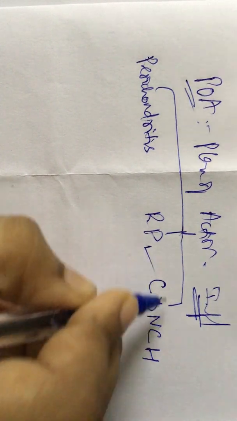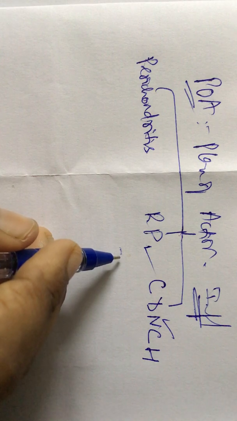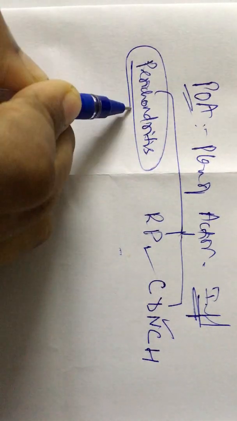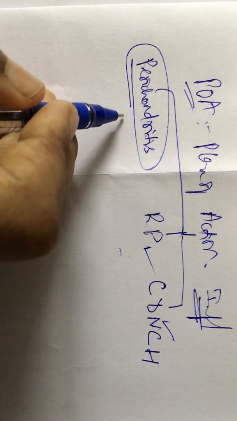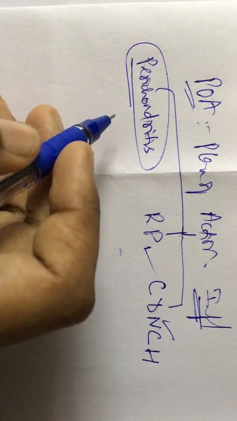We'll leave these two because they are not that important at the undergrad level. This lecture mainly focuses on perichondritis under the topic inflammatory diseases of the external ear.